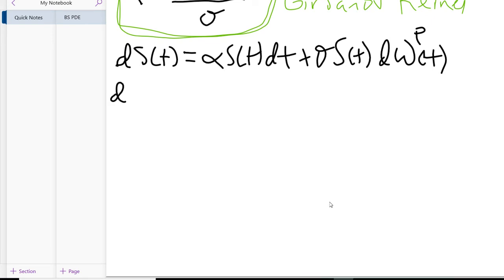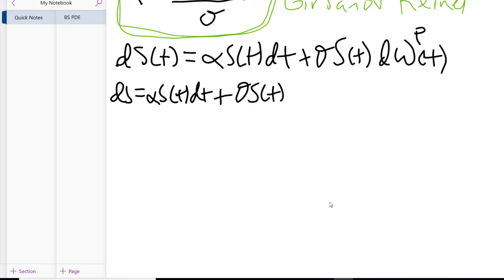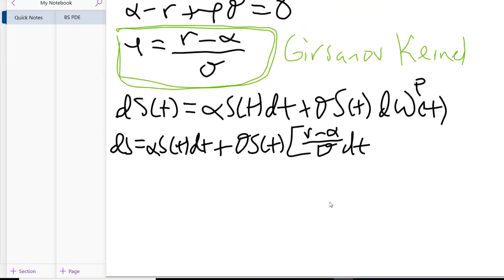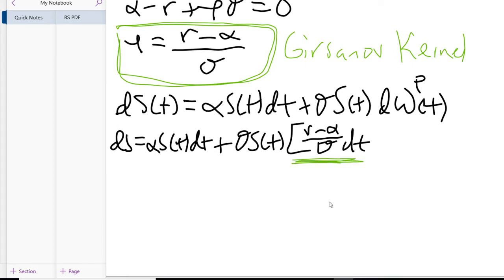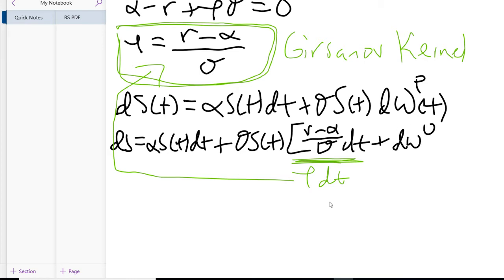So we would have dS, dropping the t to save room, equals alpha S_t dt plus sigma S_t times ((r minus alpha) over sigma) dt. Remember, in Girsanov it's phi dt, but we derived that right here, the phi, plus a Wiener increment, but under measure Q.